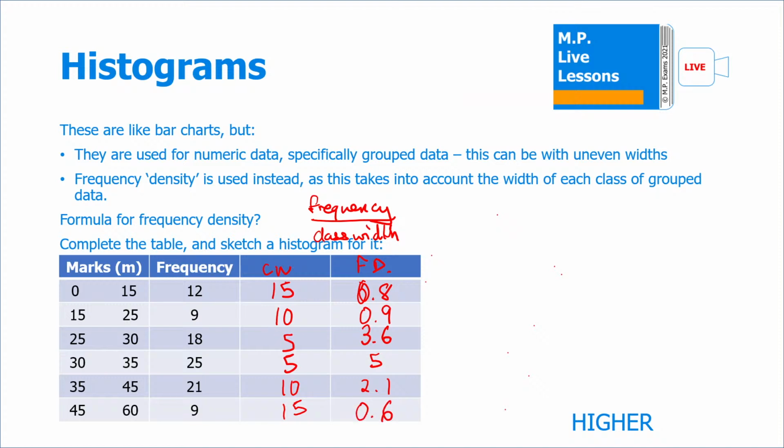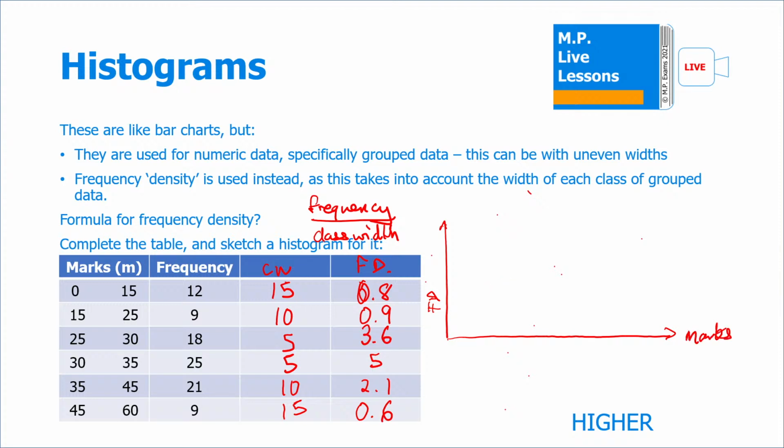Then what you'd get is your y-axis, which is frequency density, and then your x-axis, which is your marks.